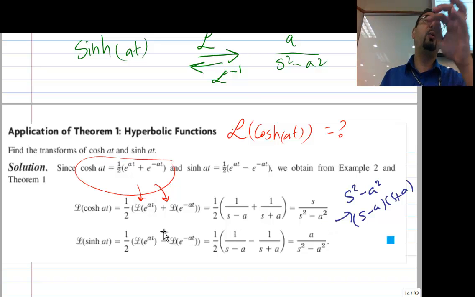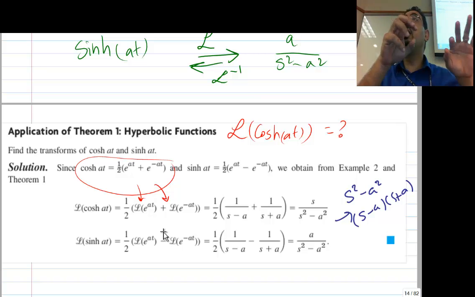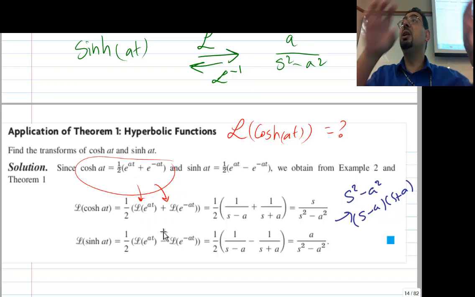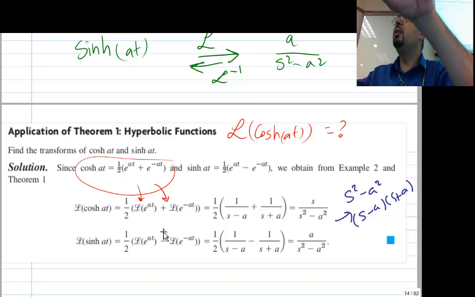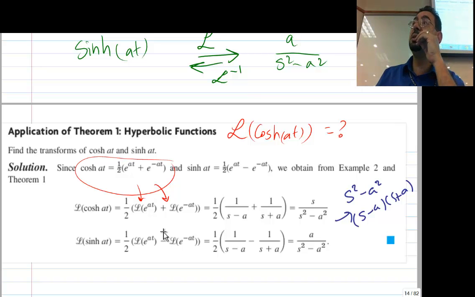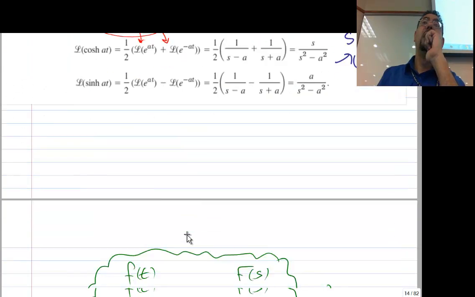But if the quiz or the homework asks what is the Laplace of cosine at plus sine at, then you split the Laplace on the two of them. You say it's the Laplace of this plus the Laplace of that. And then you go after each part and come up with its Laplace transformation. Questions so far? Piece of cake.